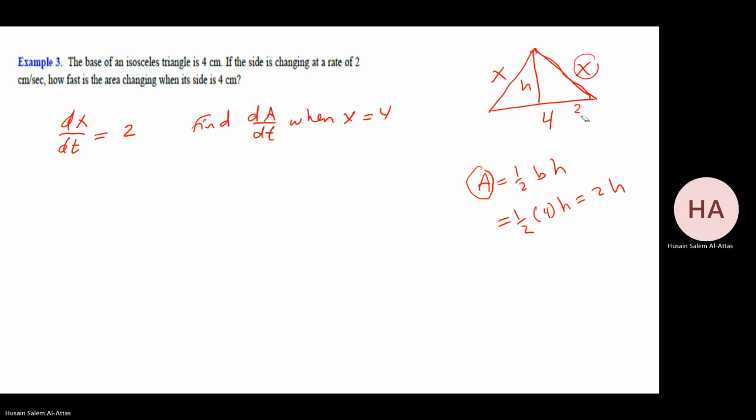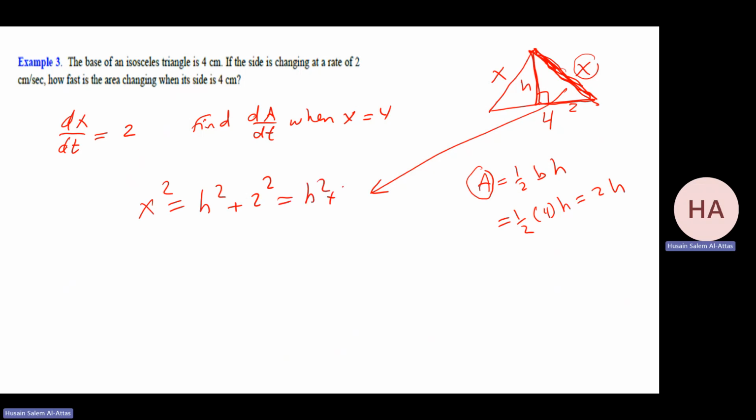So this will be split by half. So I have this triangle, which is a right angle. So that gives me, from this triangle, x squared equals h squared plus 2 squared, which is h squared plus 4.